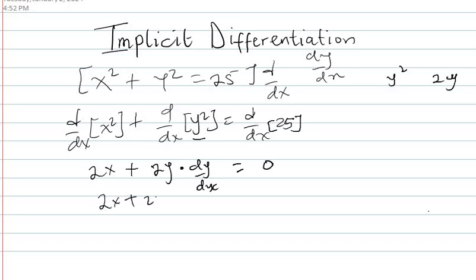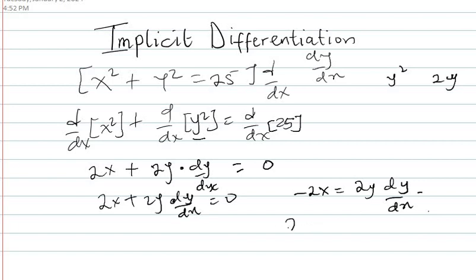So we have 2x plus 2y dy by dx equals 0. To make dy by dx the subject, we say minus 2x is equal to 2y dy dx. Then we make dy dx the subject by dividing both sides by its coefficient, which is 2y.